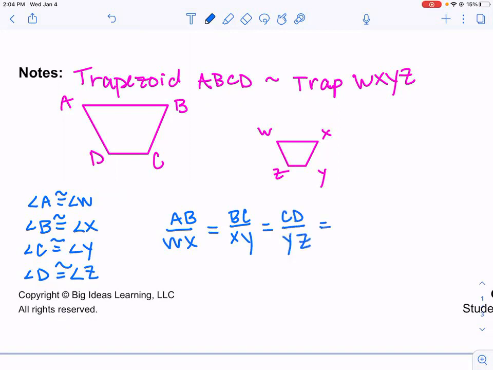Will equal the same thing as AD over WZ.